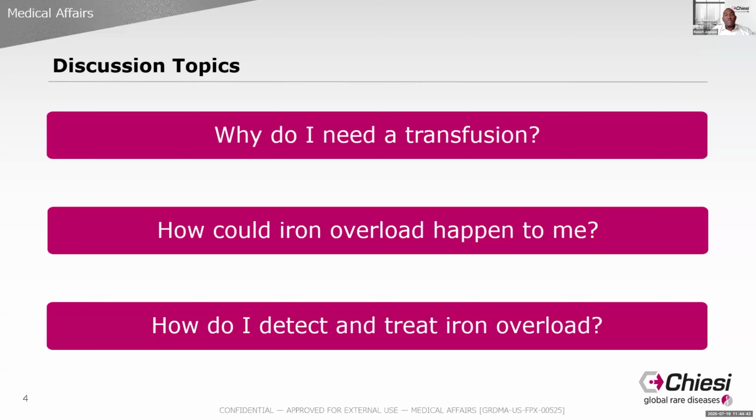This question came up. As part of the medical team, one of the things we do is speak to physicians about iron overload as it pertains to sickle cell disease and beta thalassemia.